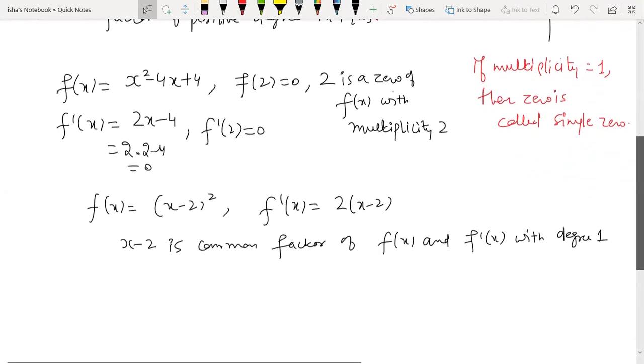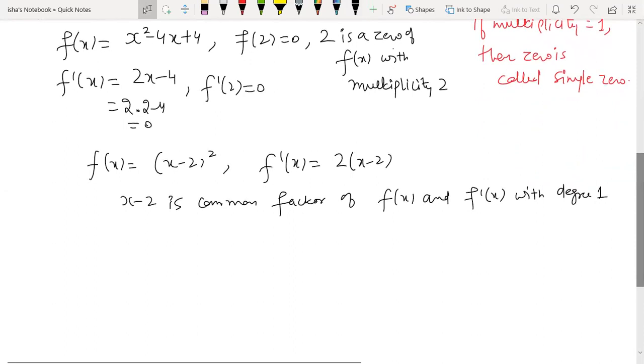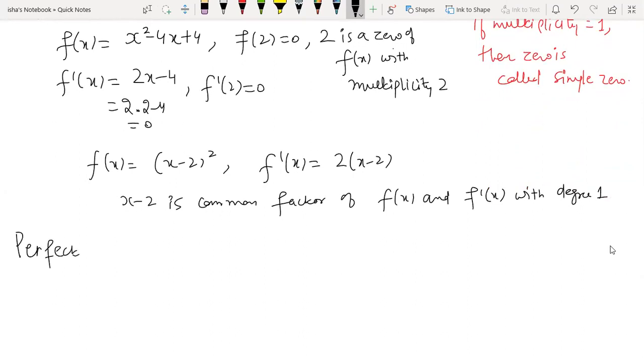Right, so let me just give you the next definition in relation with the same. So this is perfect field.